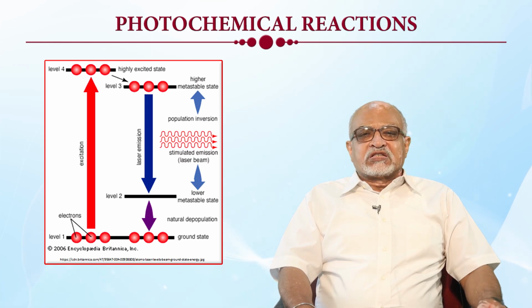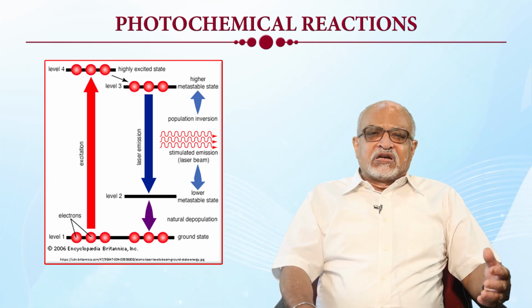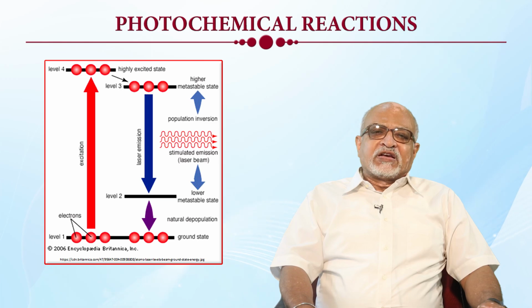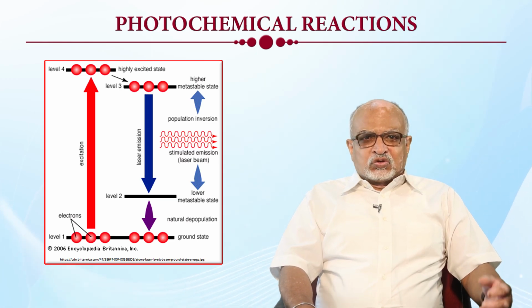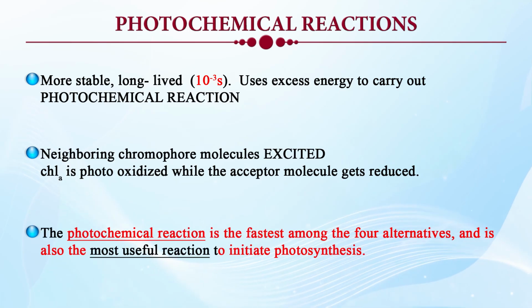So, if you see a summary diagram, you would find that there are various levels of excitation depending upon what the wavelength was. So, when the photochemical reaction is given ample time, we find that emission of heat, emission of light is really not useful for photosynthesis.